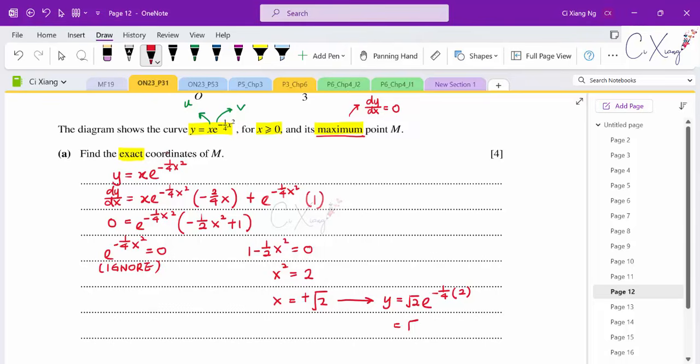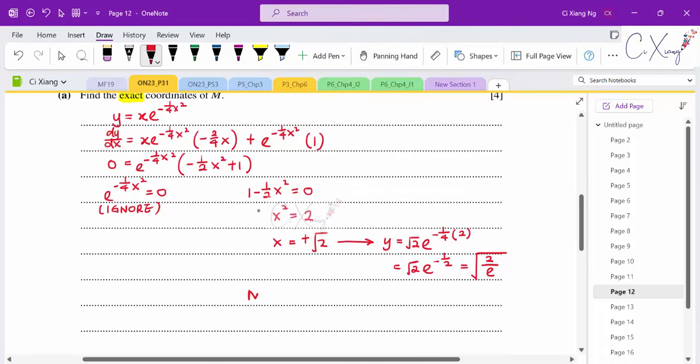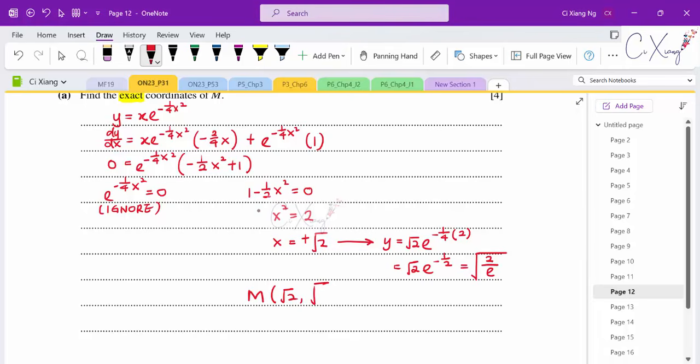If you simplify further, you have square root 2 e power negative half. Further simplifying, e power negative half means square root e at the denominator. So you have square root 2 over e, with the whole thing under the square root. Therefore, the coordinate of m is square root 2 and square root 2 over e.